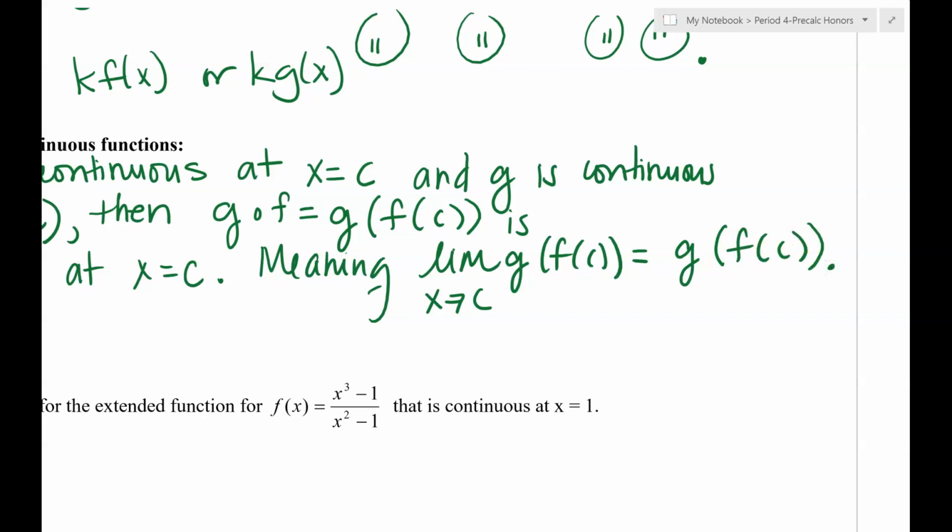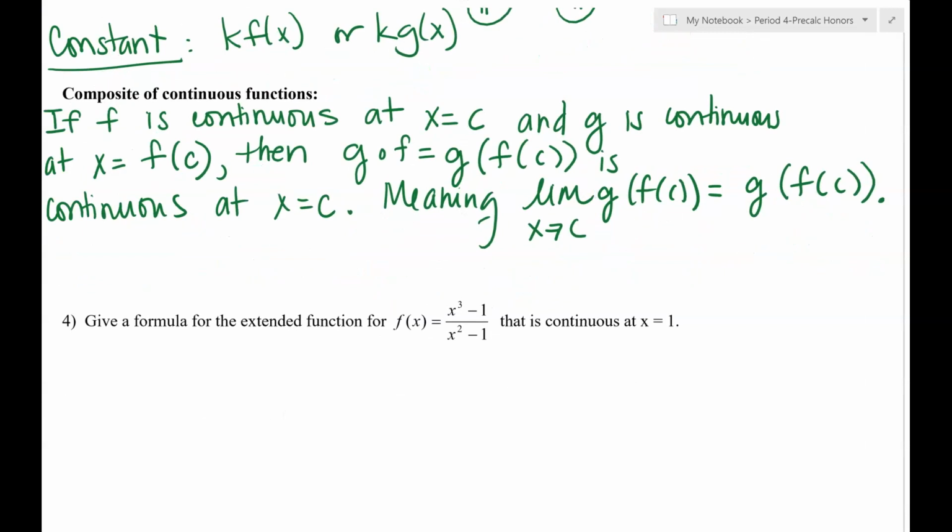So that's what it means. Any questions on that? Does that make sense for that definition? You sure? Okay.